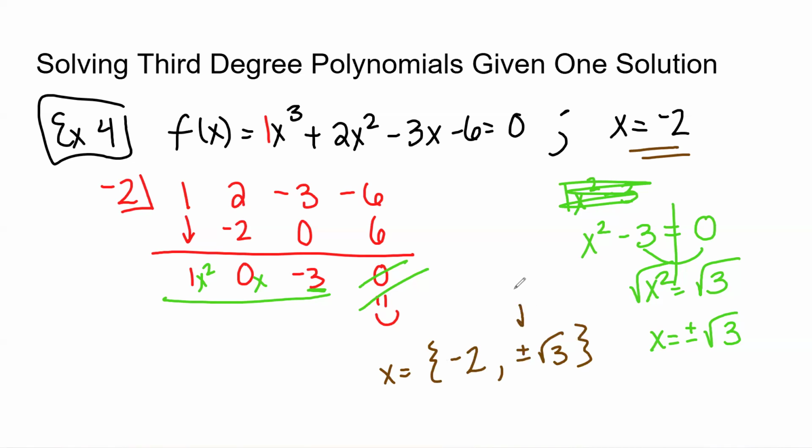Now remember, this does count for 2 solutions, positive √3 and negative √3. If you really don't like the plus minus, you could list them separately: -2, negative √3, positive √3. I usually just do the plus minus, but technically both of those are right.